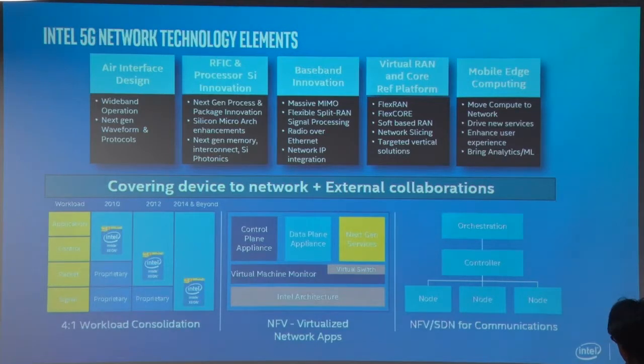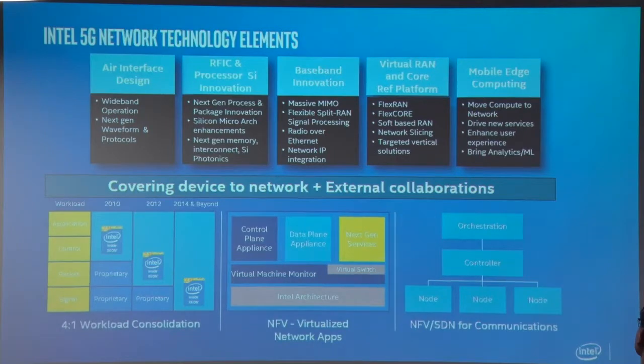And we do that using virtualized network applications where you have the general purpose platforms, and we build the applications on top of that. And we use the orchestration and the SDN controllers to build these different classes and categories of nodes.